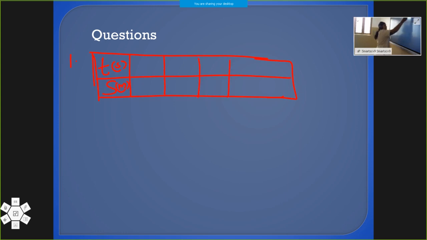I have some time intervals here, 2, 4, 6, 8 and 10, and the distances 3, 4, 5, 6, 7, the distance travelled in this particular interval of time. So you are asked to draw a distance-time graph for this motion.